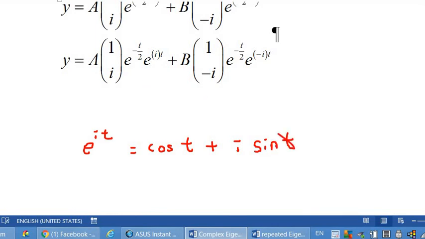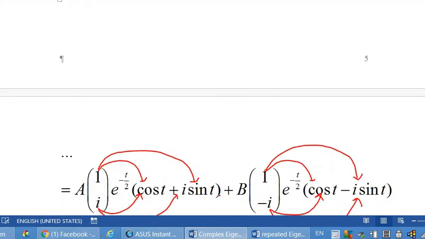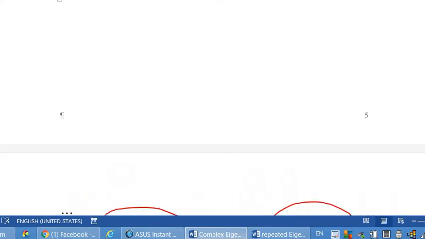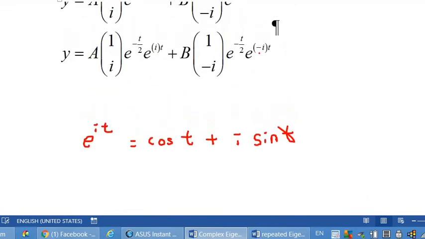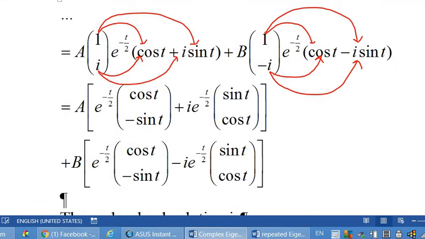So the term e to the it can be rewritten as cos t plus i sin t, and the term exponent negative it becomes cos t minus i sin t. Okay, and then we'll collect the terms.